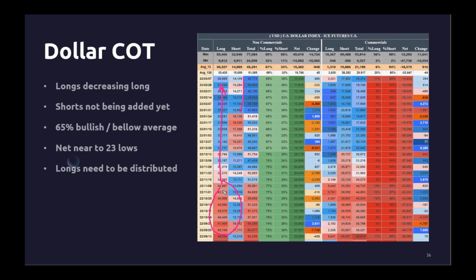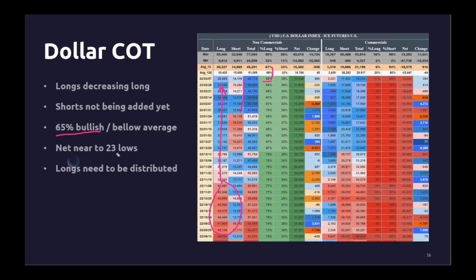So the dollar is in the mode where there is profit taking from the longs, but shorts are not coming, right? It's still 65% bullish, but the 13 weeks average is lower, right? And the 130 weeks average is lower as well.